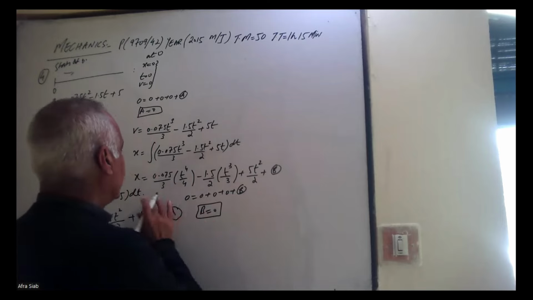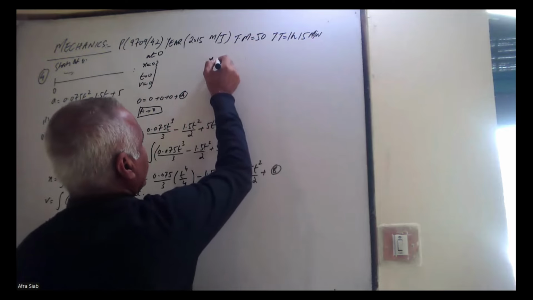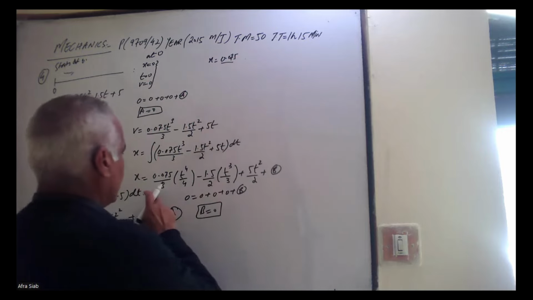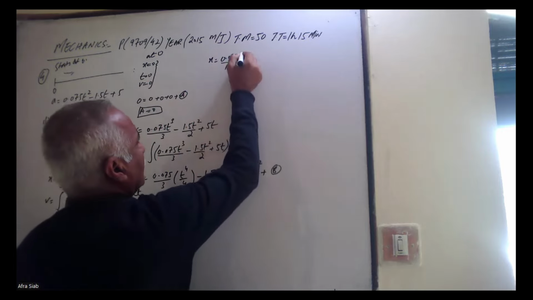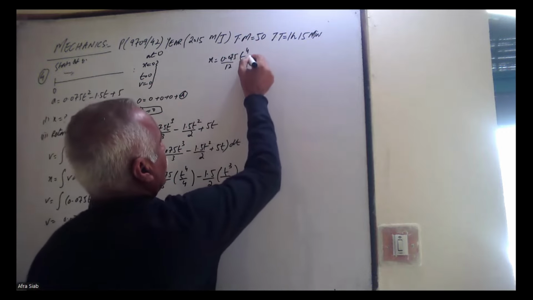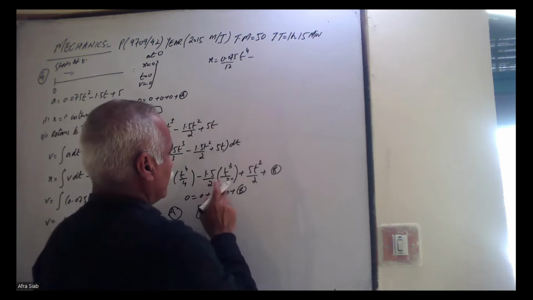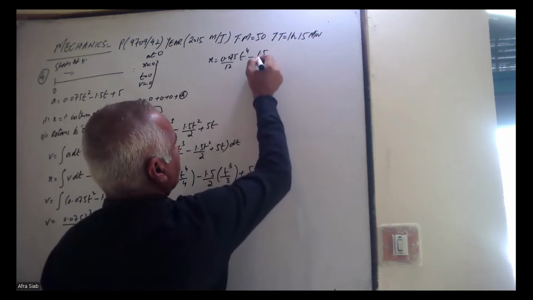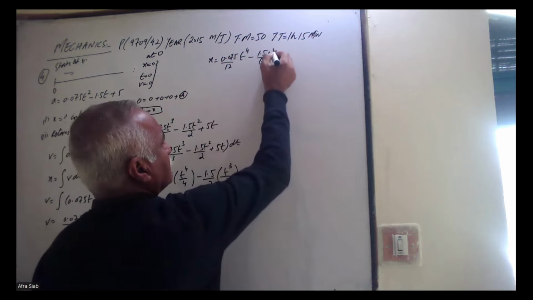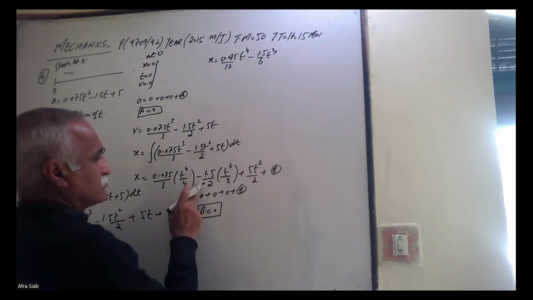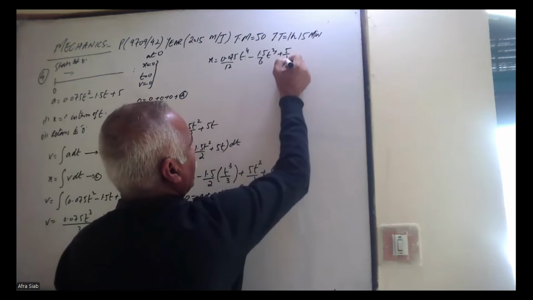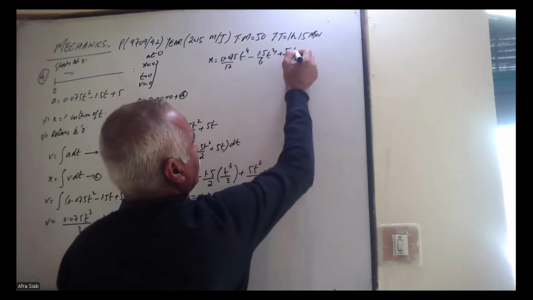So finally we got this expression of displacement, x is equal to 0.075 over 3 times 4, that is 12, into t power 4, minus 1.5 over 2 times 3, that is 6, t cube, plus 5 over 2 t square.